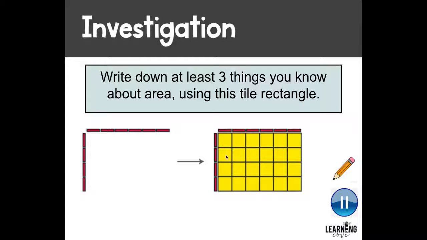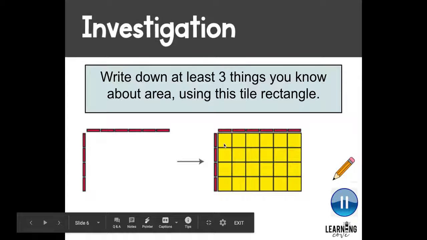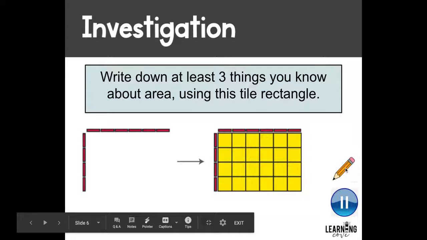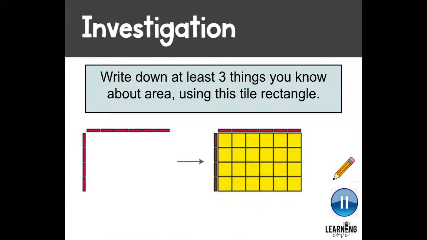So what are 3 things you can tell us about this rectangle? You can use the color tiles, the red linear tiles. I see a pencil here, so I know I'm going to need my materials and my pause sign. So I'd like you to pause the video now to write down your 3 things. Go ahead.